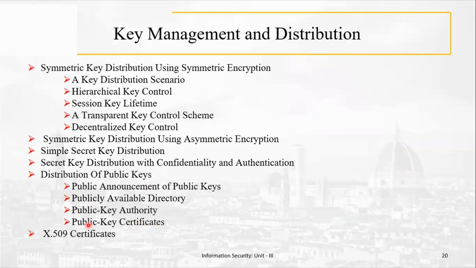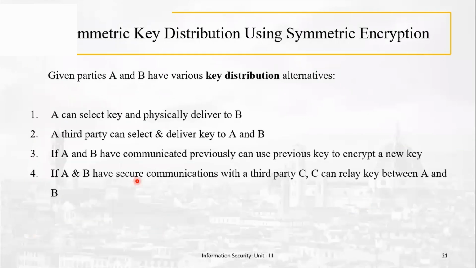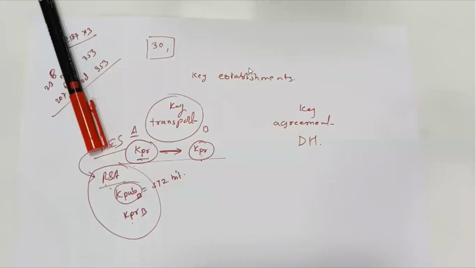And these are some of the problems explained in detail. So what I suggest is, instead of discussing these theoretical concepts, you should read it by yourself. So this is symmetric key distribution, just like what we have discussed.